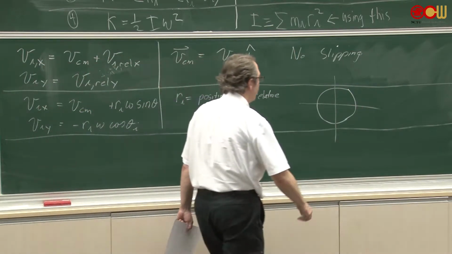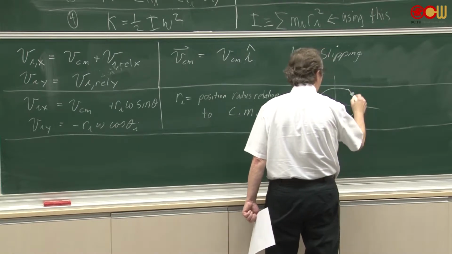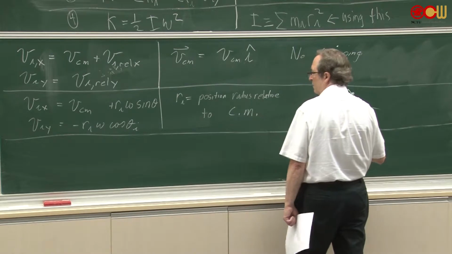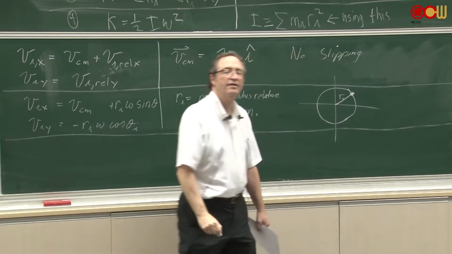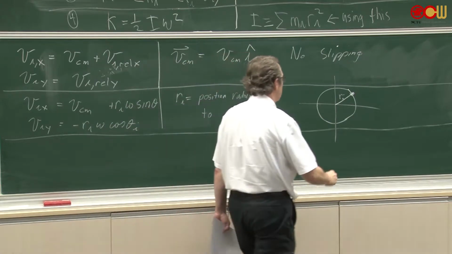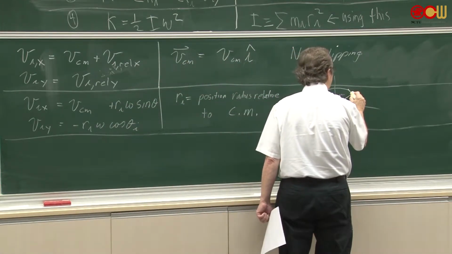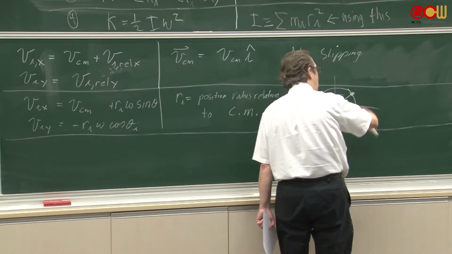So I'm going to draw a point on here. This is my ith point. There we have a radius vector, Ri. This is theta. Which way is the vector here? This way or this way? Up or down?